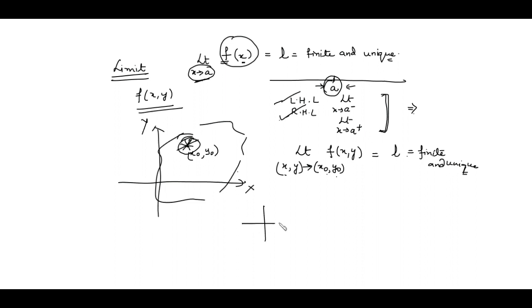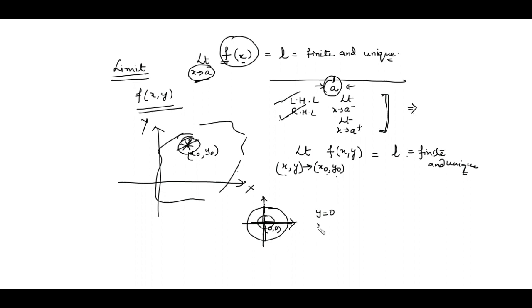Now just see, for example, in the case of a circle centered at 0 with radius 1, let's suppose (0, 0) is a point, right? So what are the paths that pass through (0, 0)? There are infinitely many paths. The line y equals 0 passes through (0, 0).